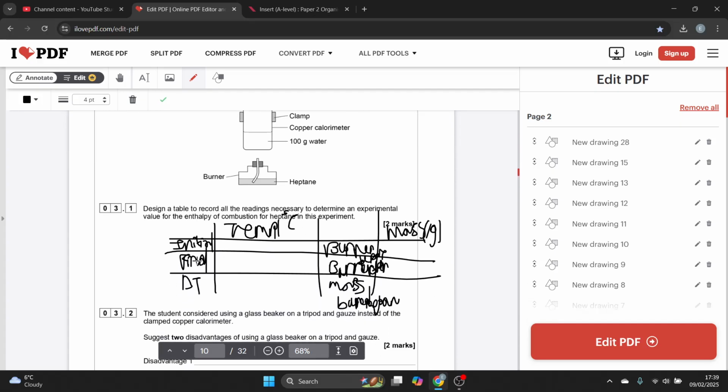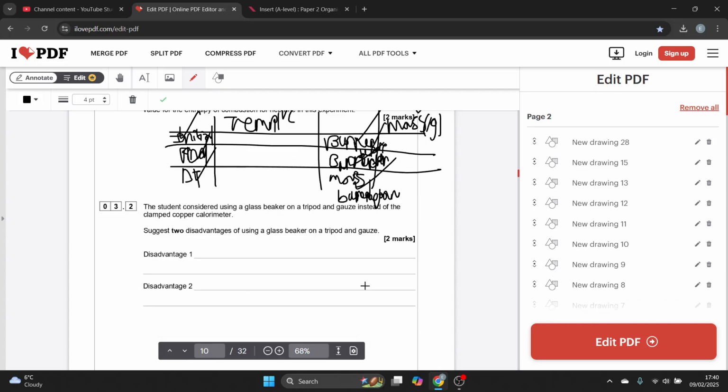So you need a temperature, initial, final, temperature change, the mass, burner before, burner after, mass of heptane burned.